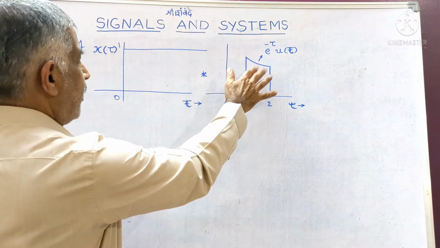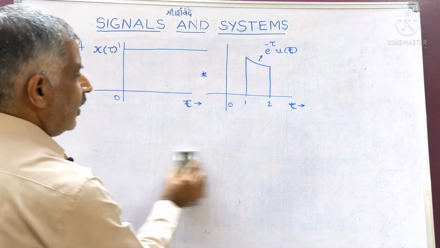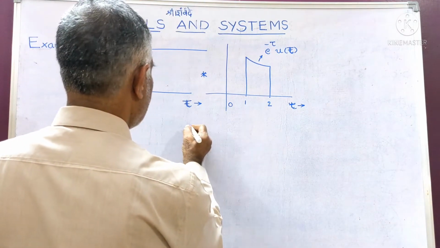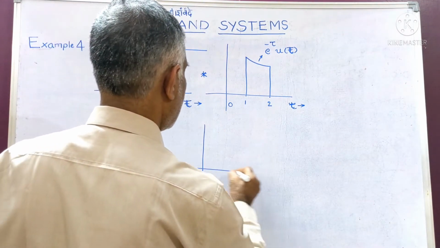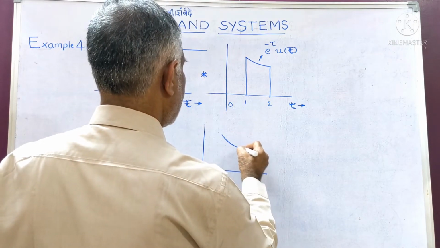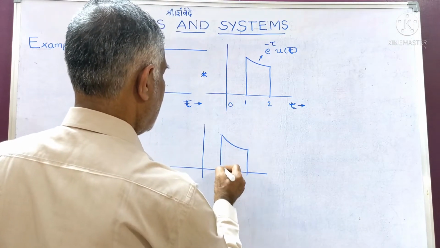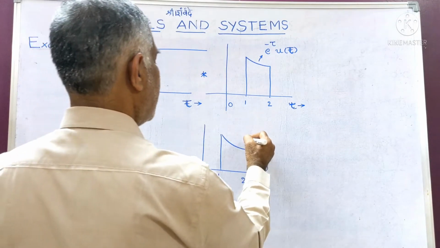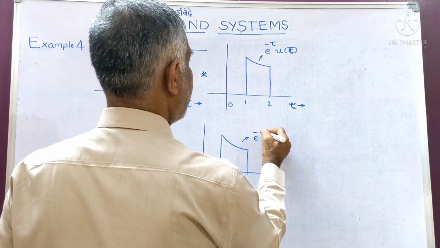Here I will take this separately and form h of t minus tau. Between 1 and 2 it is 0, whereas here it is e power minus tau.